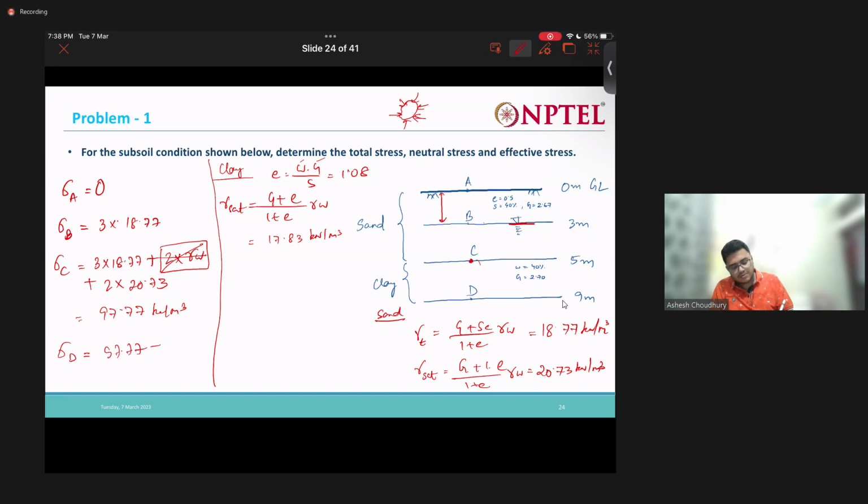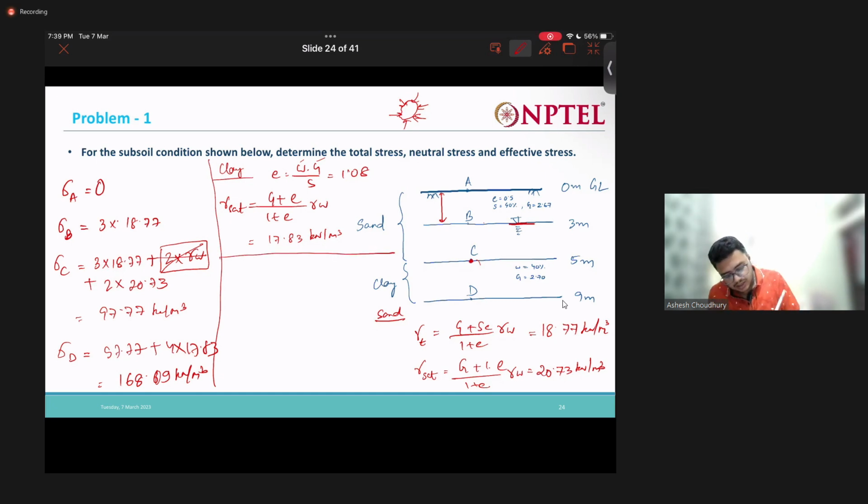For this layer, it will be 4 into gamma saturated, that is 17.83. So it is 168.69.